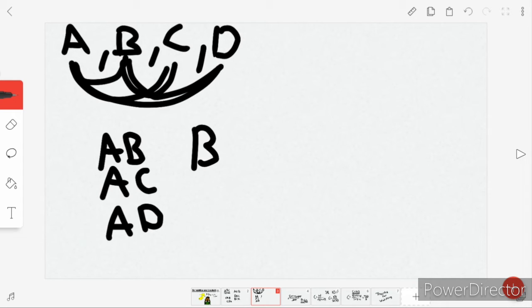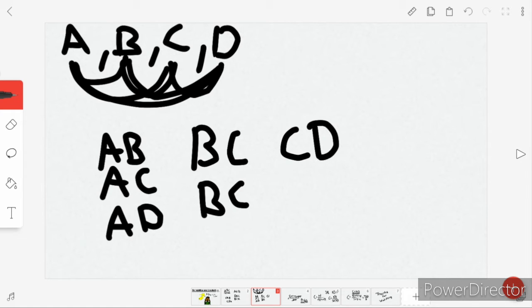So BC and BD. Okay, so then the last one, we can't make BC again, so now we can make CD. So CD. Okay, and now we don't have any repetitive pairs. I accidentally wrote this as a C. Okay, so we just have these. So none of them backwards make any of the others. So that's how we know we have all the combinations.